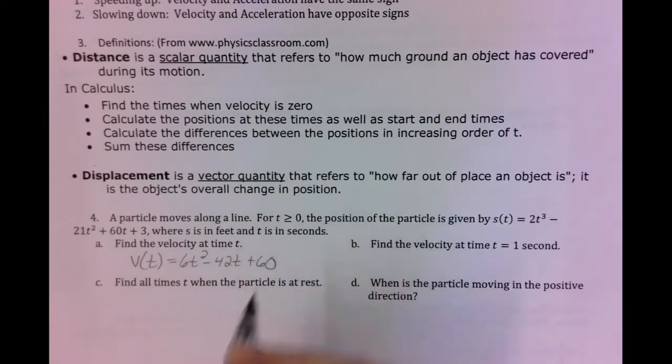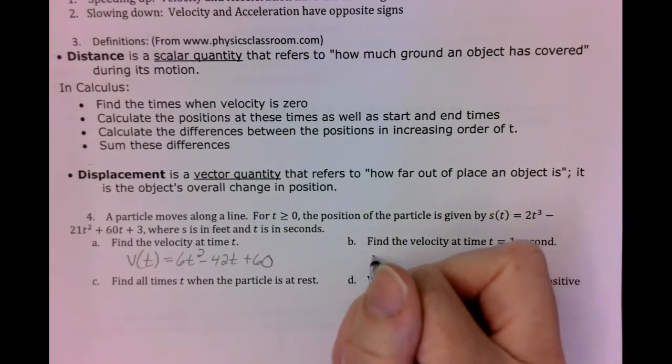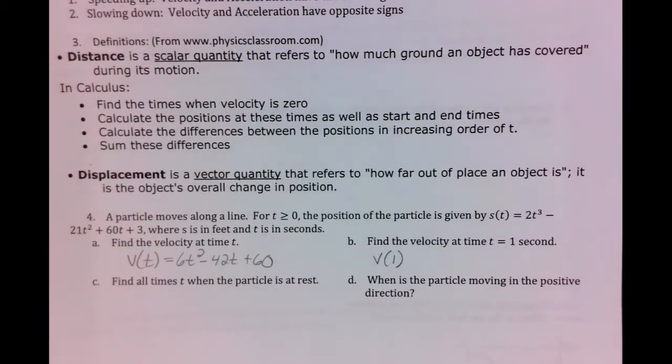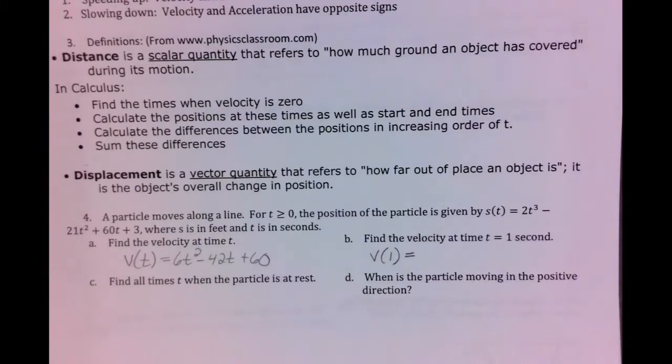Find the velocity at time t equals 1 second. In calculus, just so you know, you have to identify what you are finding. So I'm finding velocity at time 1. I don't literally have to show a 1 being plugged into every single term.